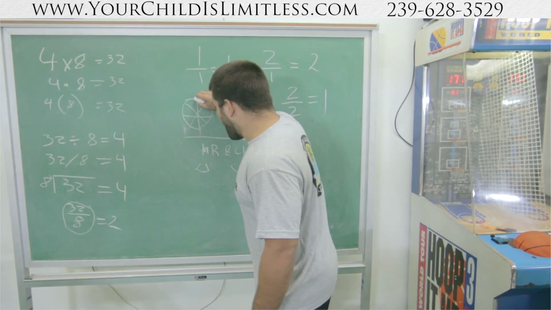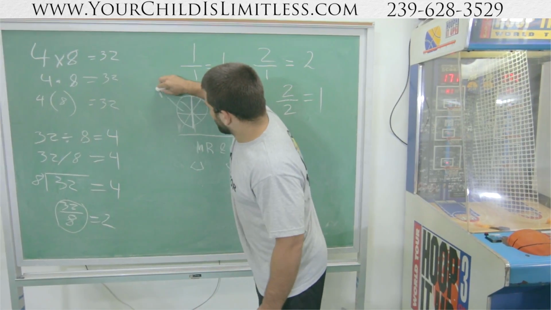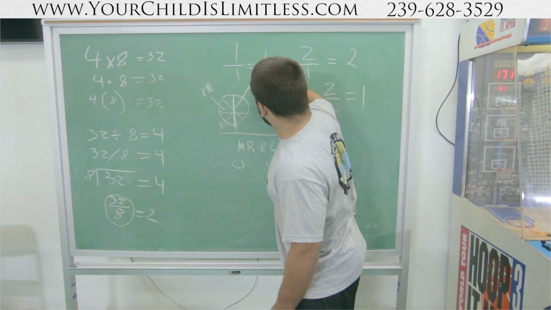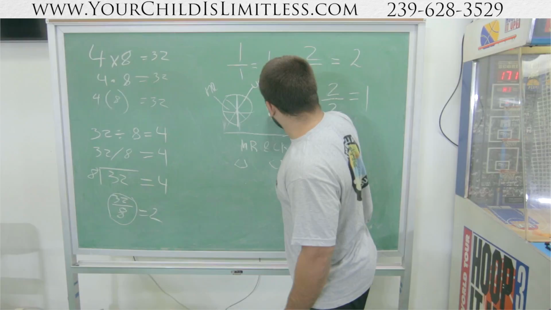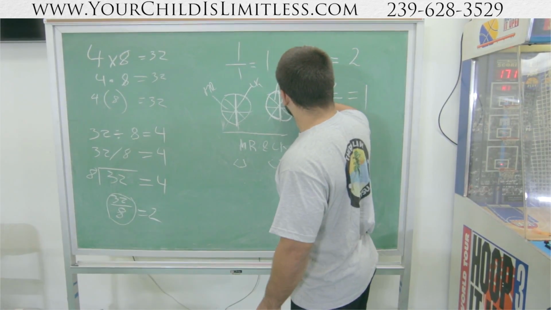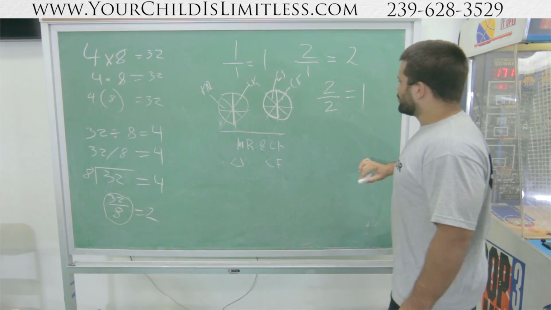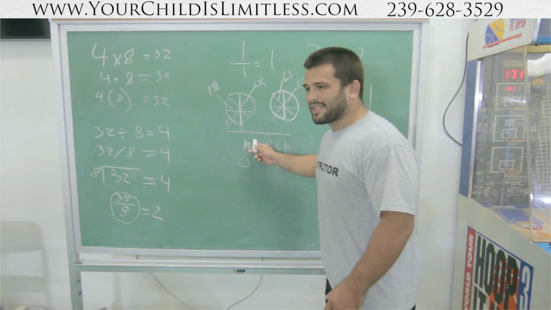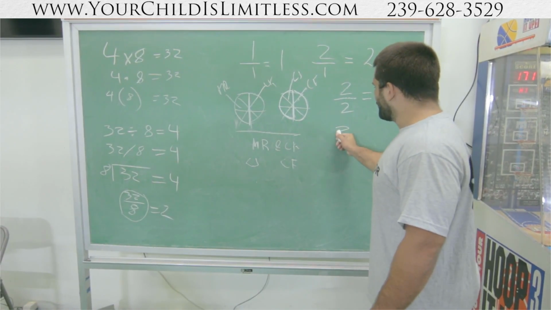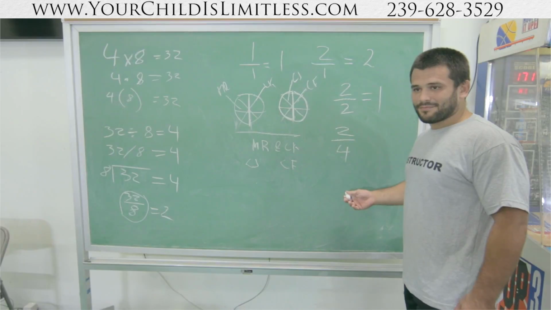Well, let's think about that. If I break it down the middle, this half can go to Master Roberto, this half to Coach Katie, this half right here can go to Coach Joe, and this half right here can go to Coach Formica. So if I have to split 2 pizzas among 4 people, it's 2 divided by 4, which is a fraction.